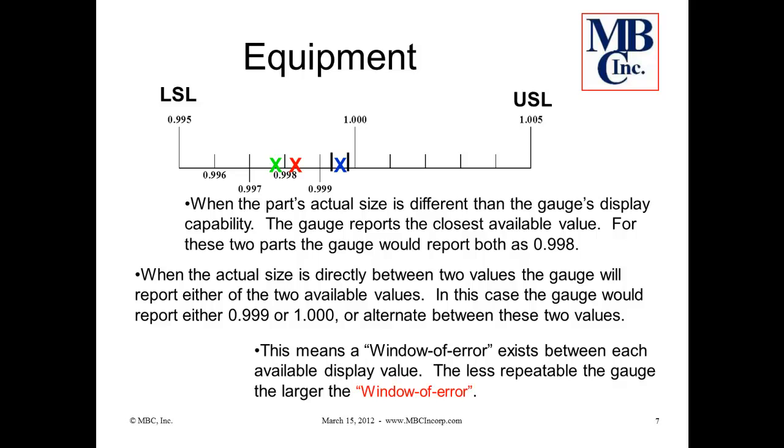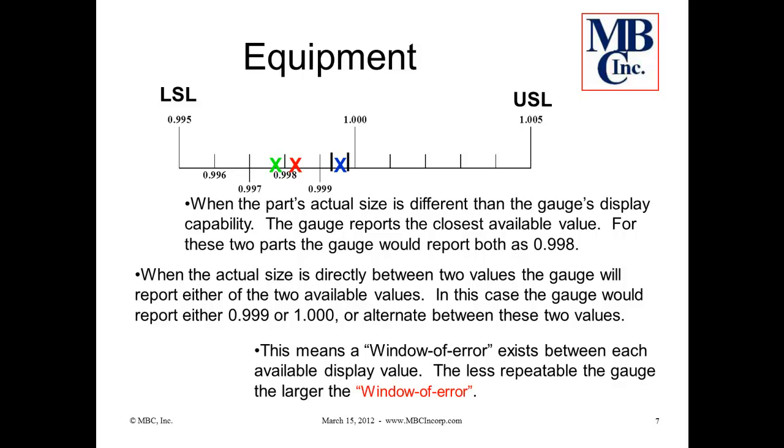This means a window of error exists between each available display value, as indicated by the black bars on each side of the blue X. The less repeatable the gauge, the larger the window of error would be, an undesirable condition.